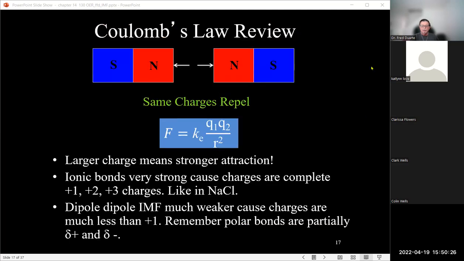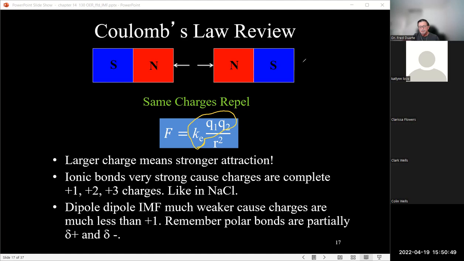Now, let me put it in perspective. We have this equation here, and for simplicity's sake, Q1 and Q2 represent charges, and K is a constant. I'm going to combine those three variables and make it one constant.